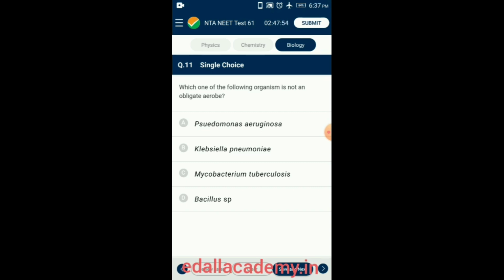Klebsiella pneumoniae is a gram-negative enteric bacterium which is non-motile, encapsulated, lactose fermenting, that means it produces acid and gas from lactose, facultative anaerobic, oxidase negative, rod shaped bacterium. So the answer for this question is option B, Klebsiella pneumoniae.